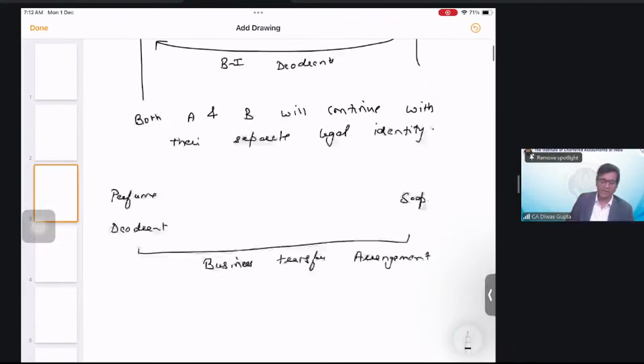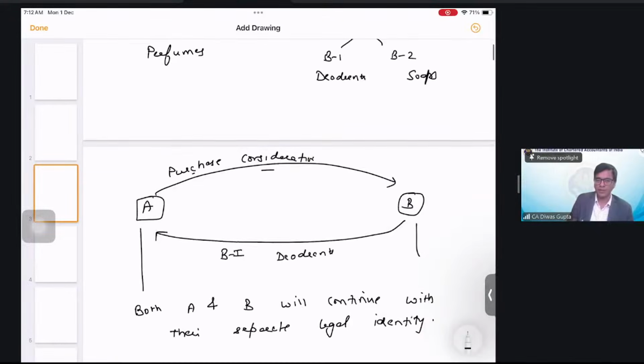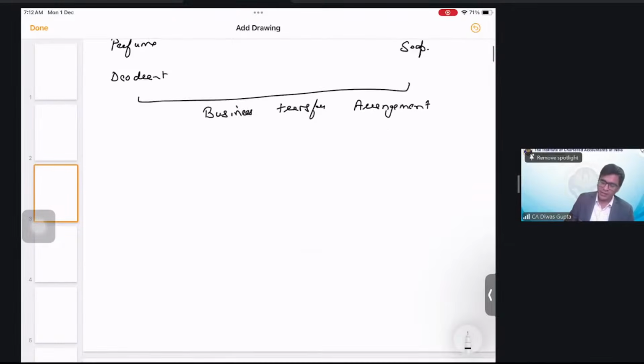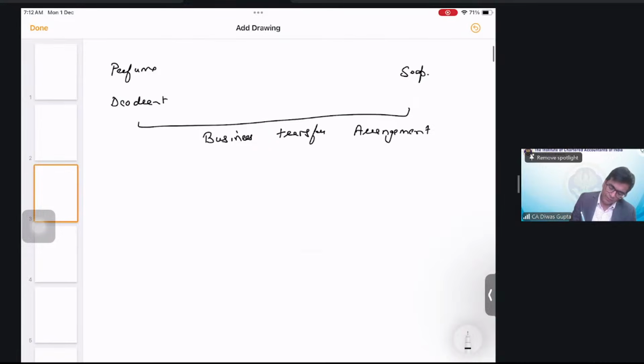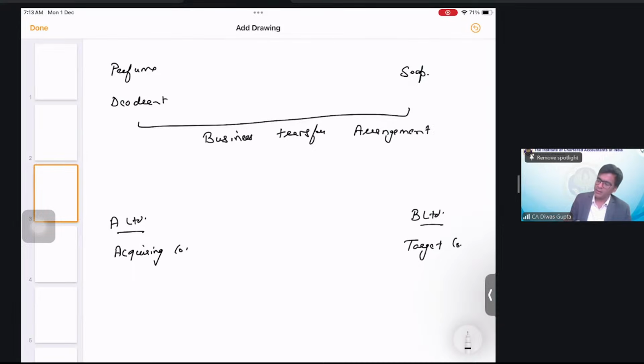So these were the different forms of the mergers and acquisition. Now let's assume that in all our discussion going ahead, there are two companies, A Limited and B Limited. A Limited is the acquiring company, which is actually acquiring another company, and B Limited is, let's say, the target company.